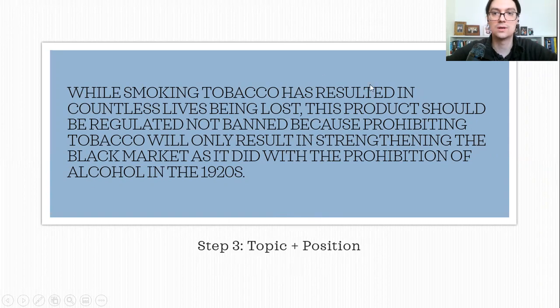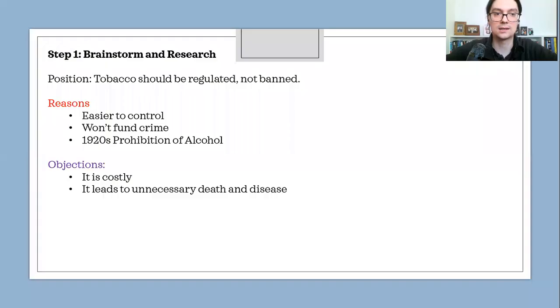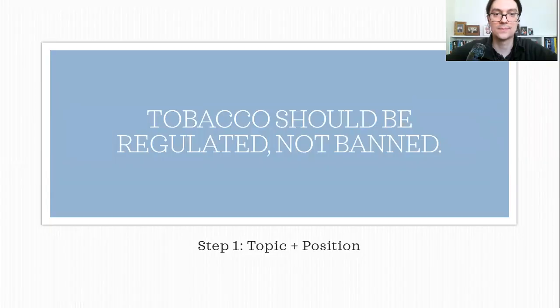While smoking tobacco has resulted in countless lives being lost, this product should be regulated, not banned, because prohibiting tobacco will only result in strengthening the black market as it did with the prohibition of alcohol in the 1920s. So here we can see we have a much more sophisticated thesis than we started with back in step one.